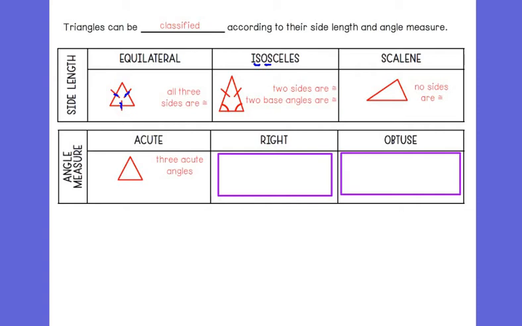So if I have a right triangle, how many right angles do I have? 1. It's still the same triangle. It has 1 right angle. And how many acute angles? 2. So it has 1 right angle and 2 acute angles.